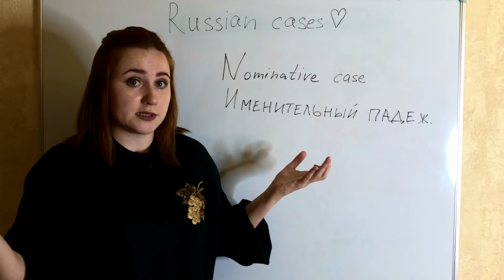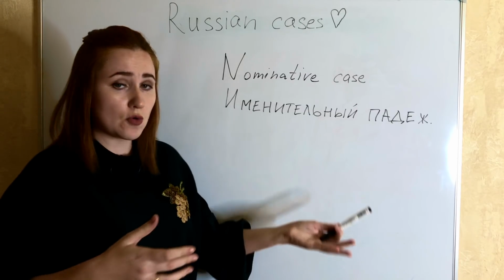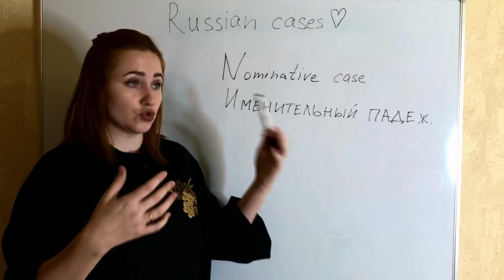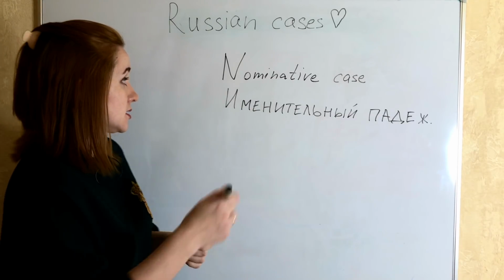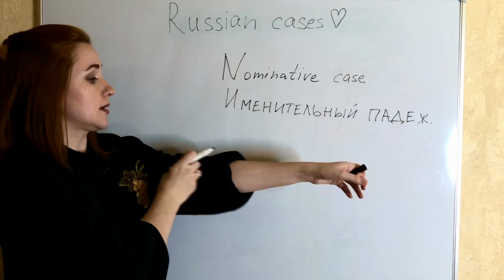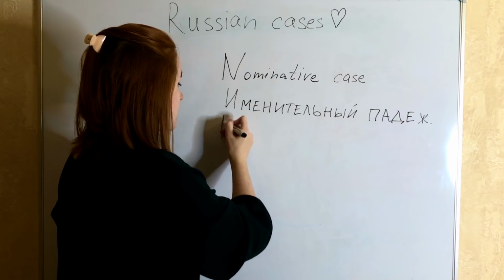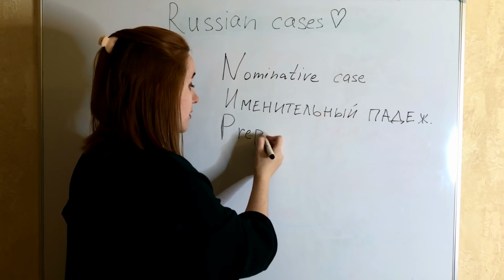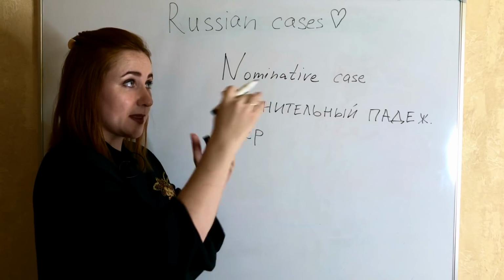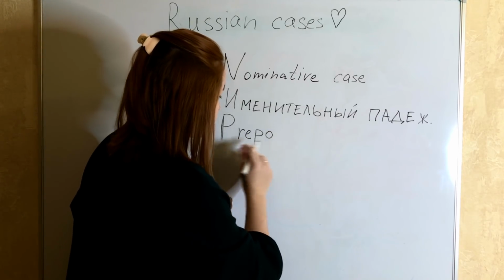So, дом, книга, учитель, no matter. Именительный падеж. The second one, let's take prepositional. You see, interesting thing is that Russians learn cases in a different order, not like foreigners.